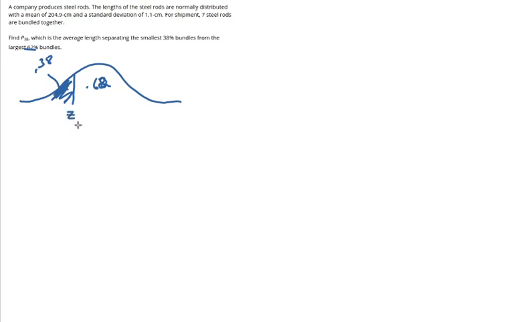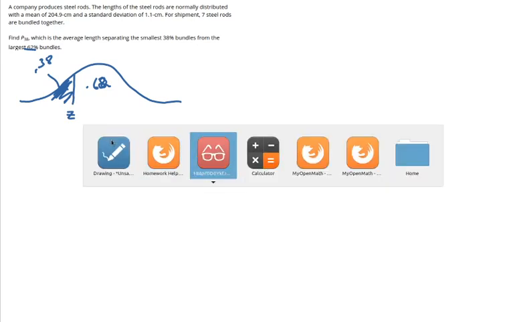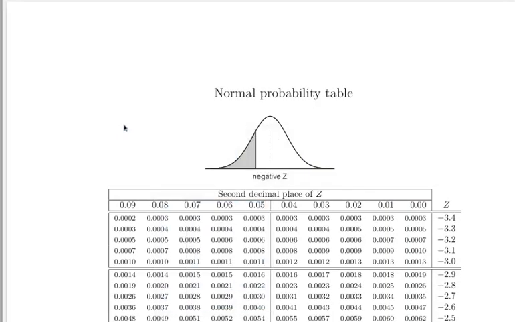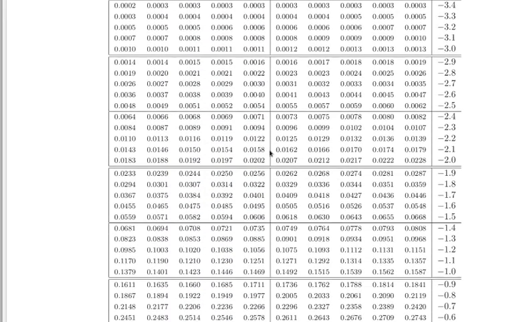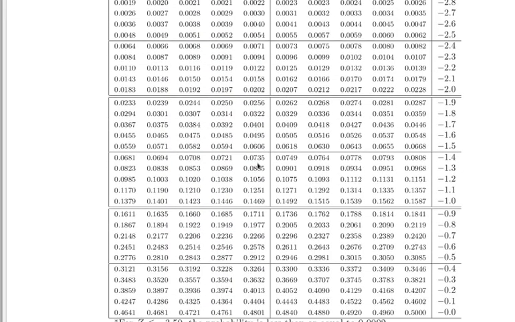So to start out, let's find out what this z-score is. So we need to find the z-score that has 0.38 to the left of it. Now I'm going to do this using the table, and I'll also do this using a spreadsheet. Using a normal distribution table, I'm going to try to find 0.38 as a probability. So that's in here in the middle of the table, and I'm looking around and I see 0.3821 and 0.3783.